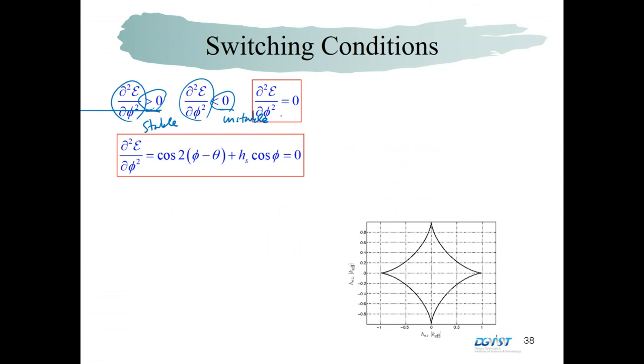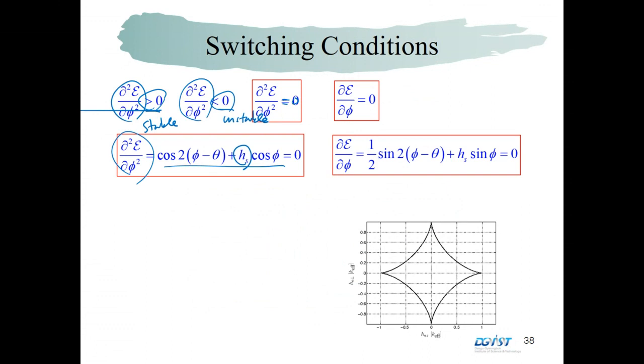They should satisfy the zero condition. And then let's think about this second derivative of the energy again. And this is the switching condition, switching field. Okay, and this is the equilibrium condition.